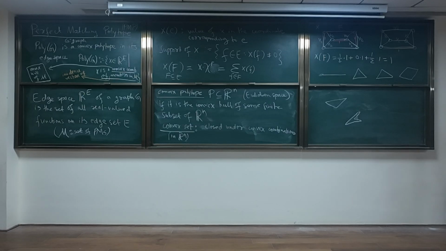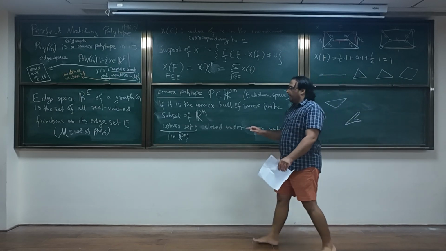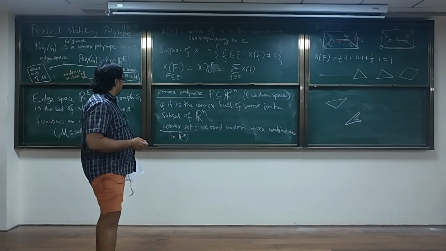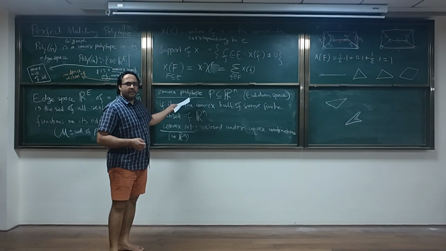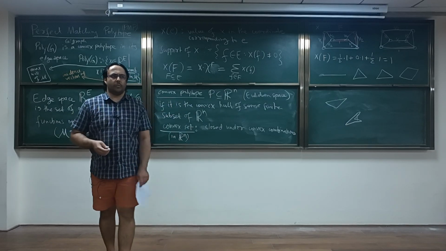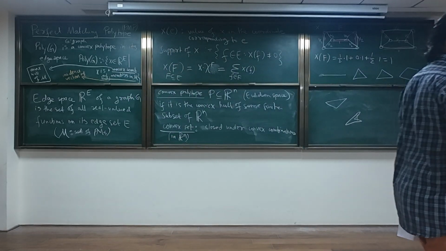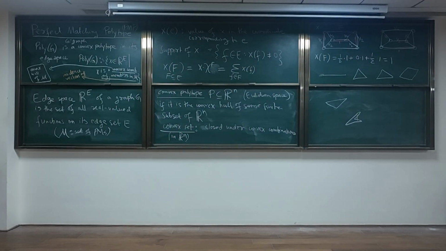And can anyone give me an example of a convex set that is not a convex polytope? What would be a convex set that is in R2? I want to draw it. Circle. A circle is a convex set, everybody agrees.